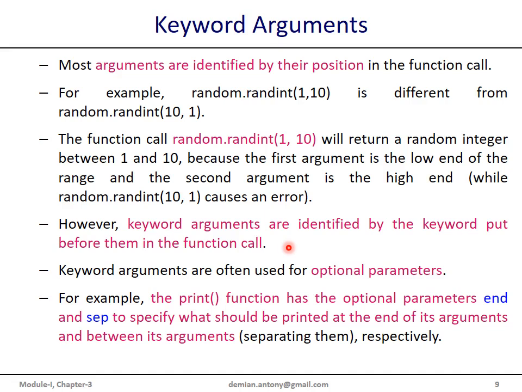For example, the print function has the optional parameters called end and sep to specify what should be printed at the end of its arguments as well as between its arguments. Let us demonstrate the use of end and sep, which are used to print spaces as well as special characters at the end of its arguments as well as between its arguments.